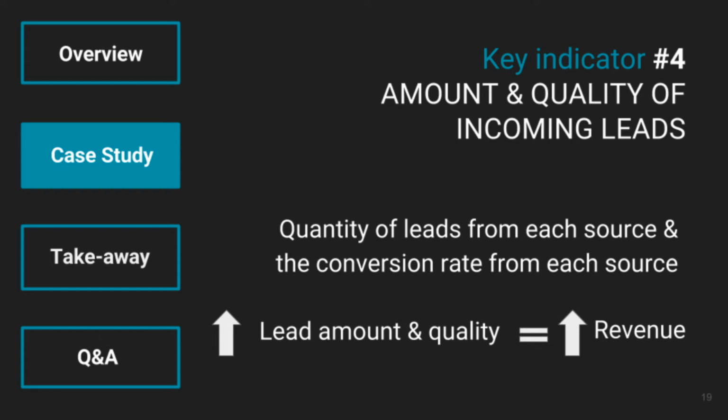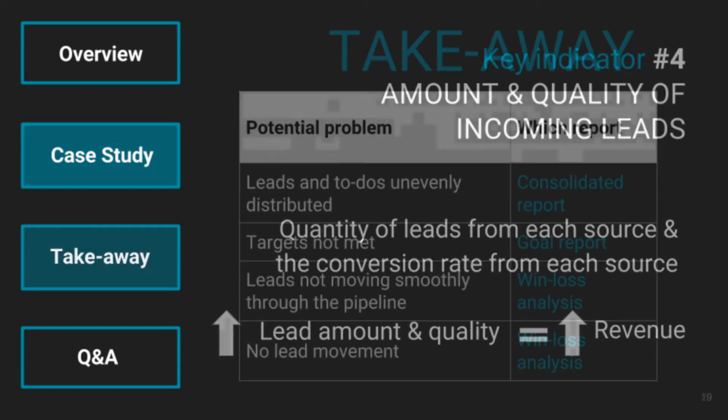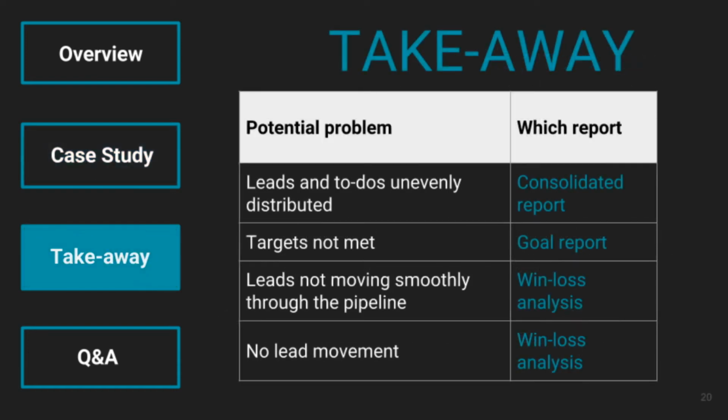We take requests, yeah. So that about wraps it up. Here are the key takeaways. First of all, you should check for the following problems: uneven distribution of leads and to-dos, not reaching the goals in the goal report, not having a smooth transition of leads through your pipeline, and worst of all, leads that don't move.